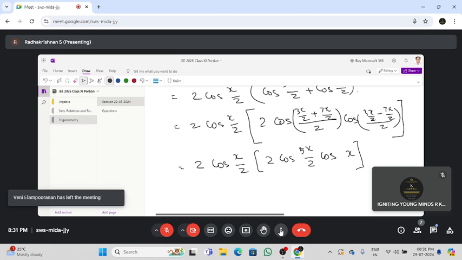Similarly, the next term is not cos 2x. It is cos x. Agree? Sorry, Jayashakti, I didn't hear from you. I hope you are following. You could follow so far, right, Jayashakti?